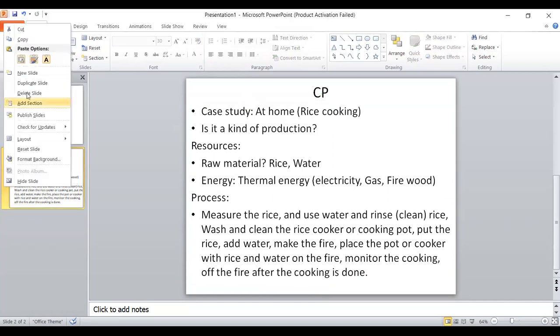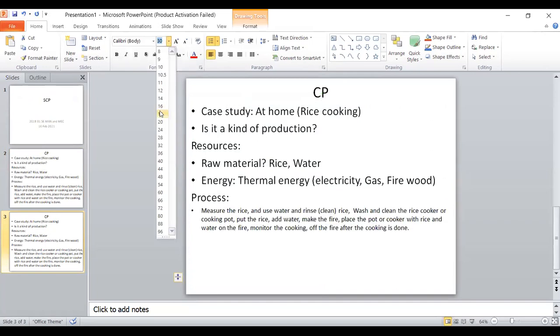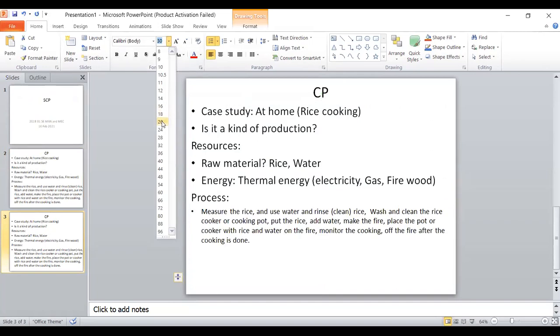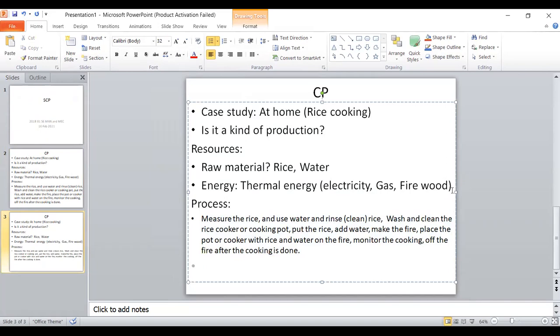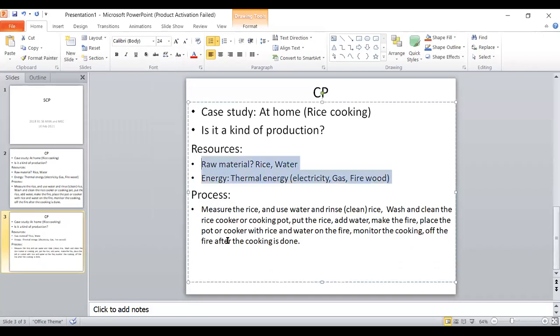After that, a continuation of this. Process.